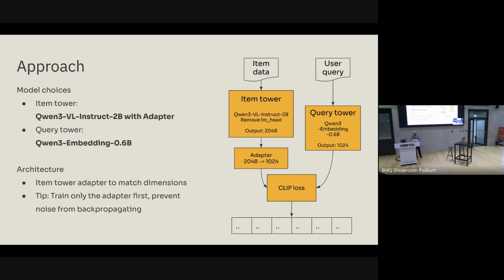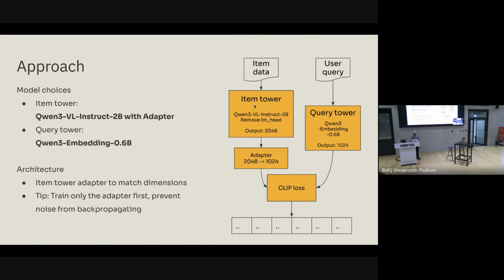yeah. So the two-tower approach would be, we can start with the Qwen3 VL instruct 2B with an adapter. We need an adapter because the dimensions need to match. And we use a much smaller model for the text tower. The query tower outputs 1024 dimensions, and the item tower outputs 2048.